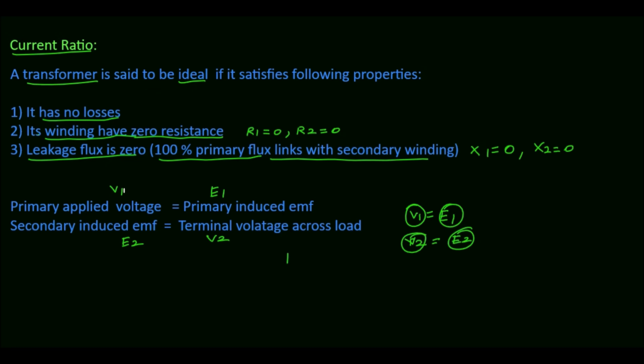Already we derived E2 by E1 is equal to N2 by N1 is equal to K. Since E2 is equal to V2 and E1 is equal to V1 in an ideal transformer, V2 by V1 is equal to K.